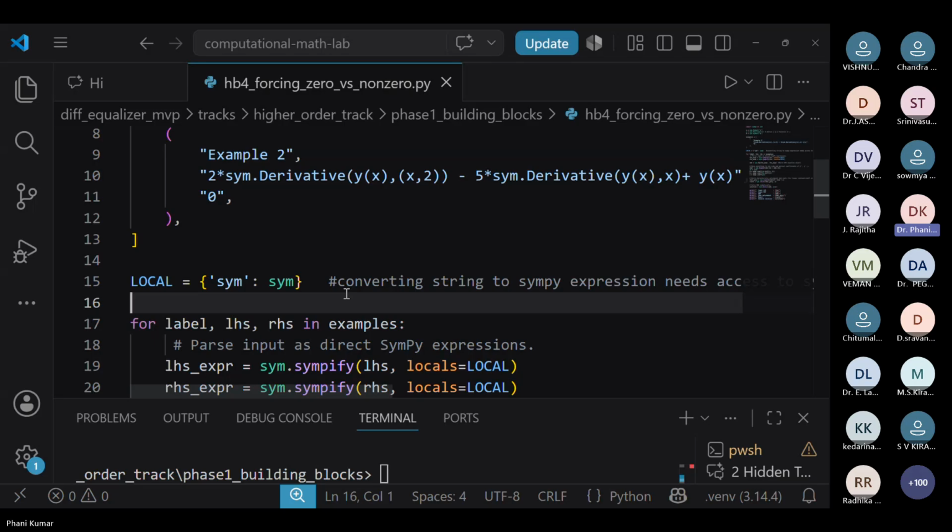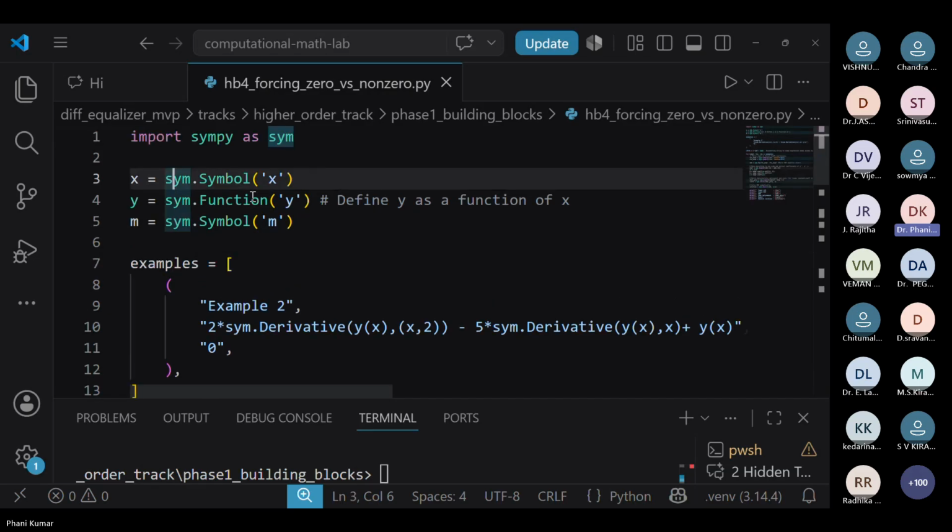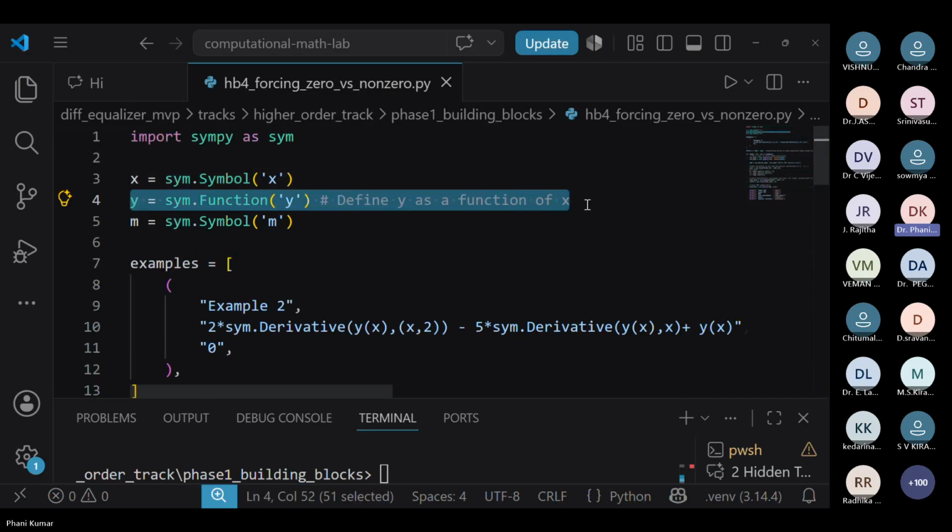Right. Somebody is asking, Sunil sir, why do you take y of x as x comma 2, right? Sir, here y of x, we already explained when I am coming to the program. Sir, x is for symbol purpose. Everything that sim.symbol, I already explained in the morning session also.